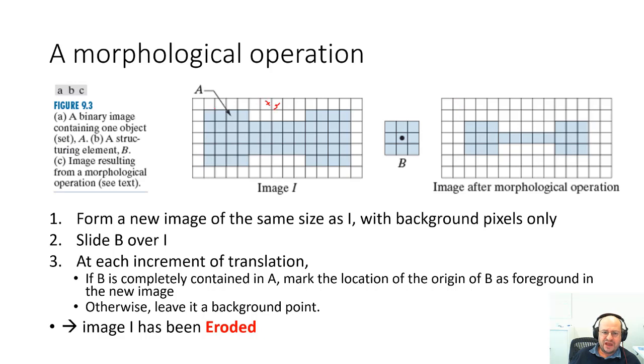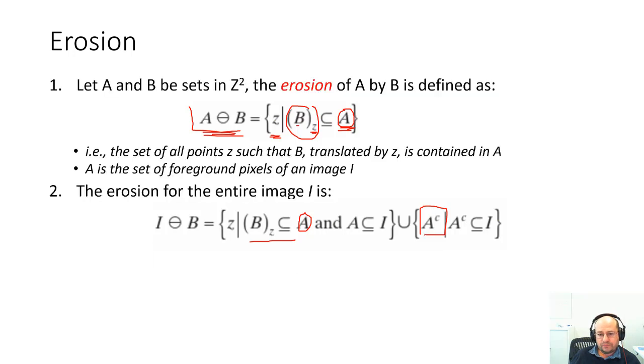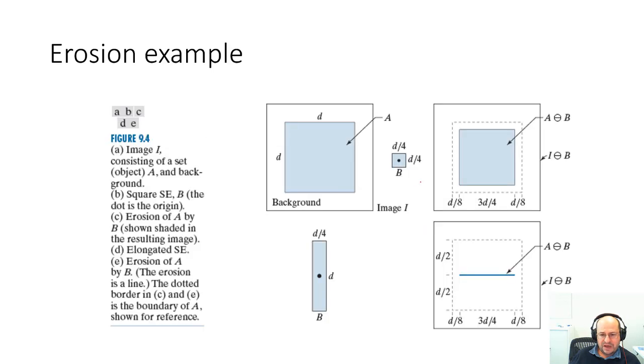So the complement, if A is the image, is the background pixels. All right. So this is all what I said.